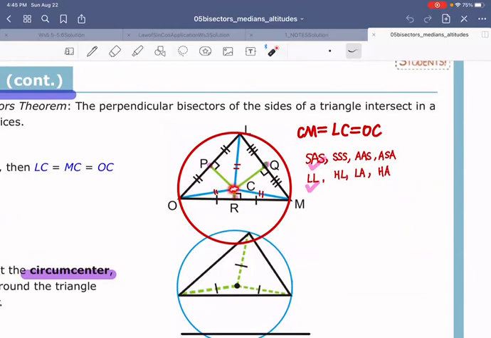This point is called the circumcenter, okay? This circumcenter is very interesting. If you connect here and here and here, by triangle congruency, these two triangles are congruent. Why? Because they share the same side. These two right angles are congruent.